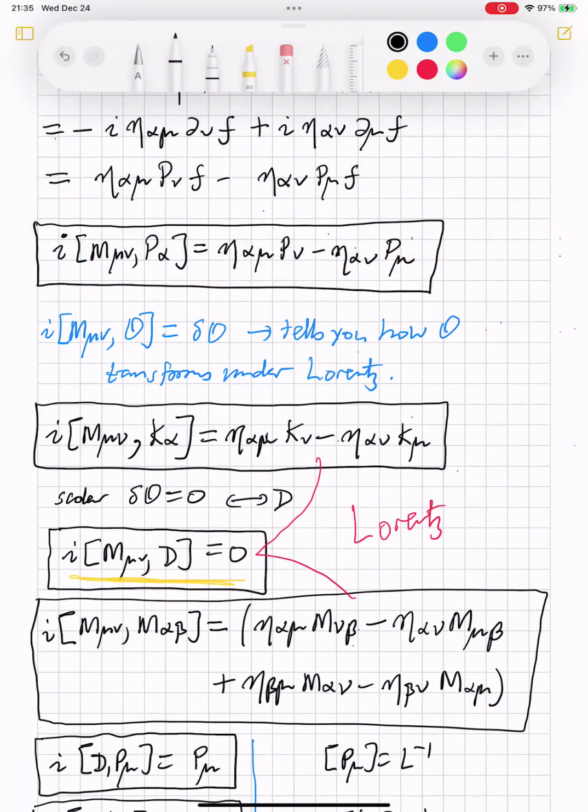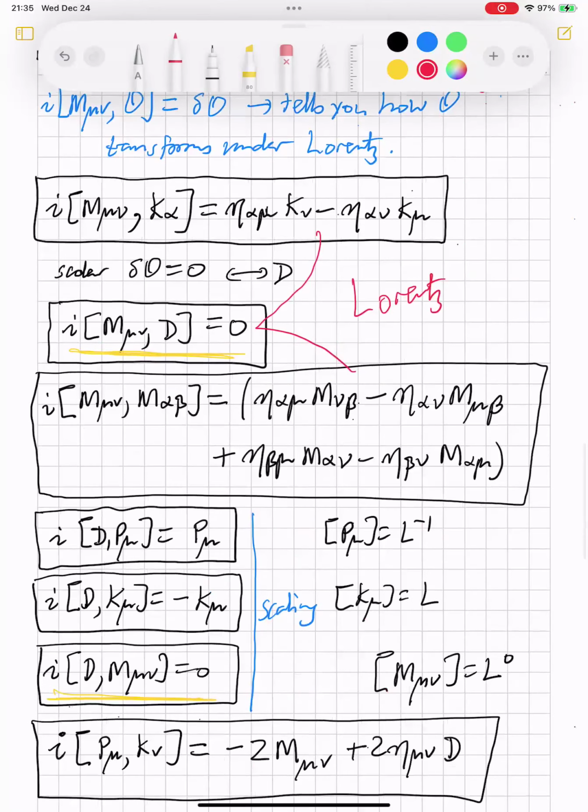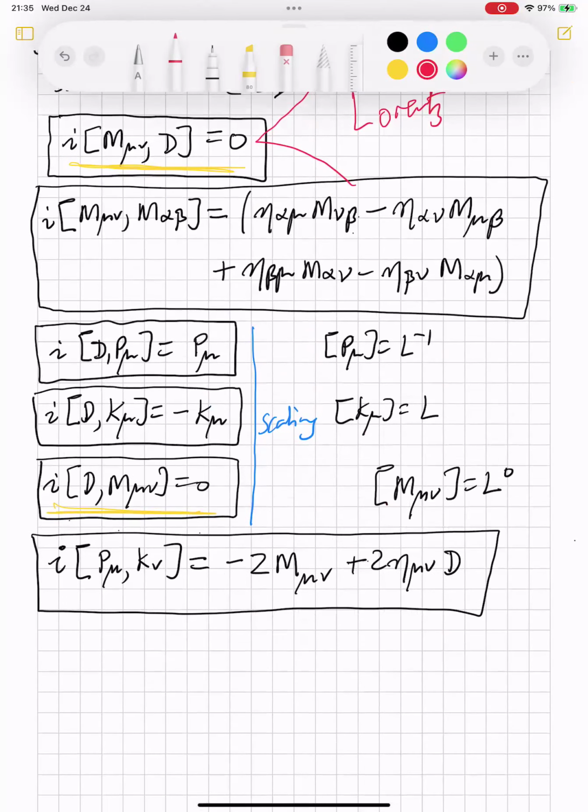This commutator over here, we did by hand. These next 3 we predicted just by using Lorentz invariance. And then for these 3 commutators of D with P mu, the first one again, you would need to do by hand.